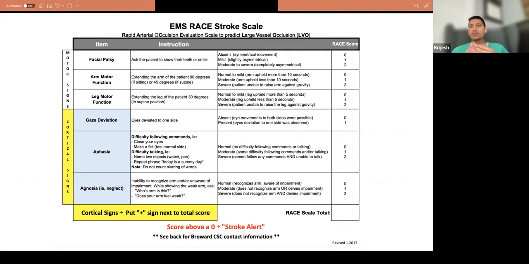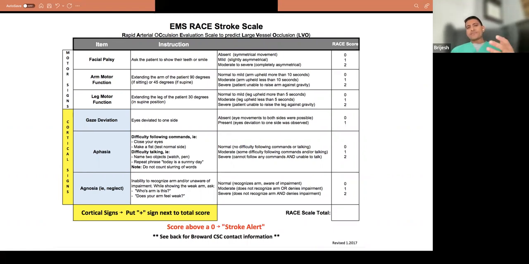Because that's very important for determining whether a patient is going to be a candidate for IV tPA when they arrive to the hospital. Next, you want to determine some of the other things such as blood glucose level, make sure this is not a stroke mimic, and I'll give you some other examples of that in a second. And then you are checking their vital signs, seeing if they're super hypertensive, blood pressure of 220s, could be a suspected bleed, like we discussed earlier.